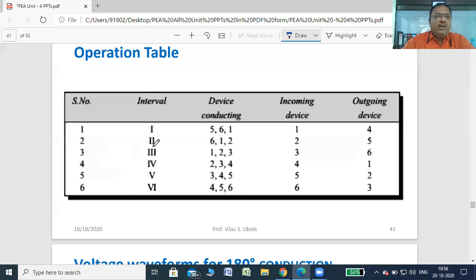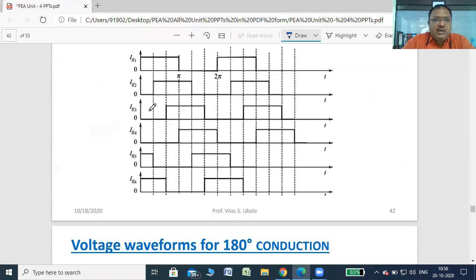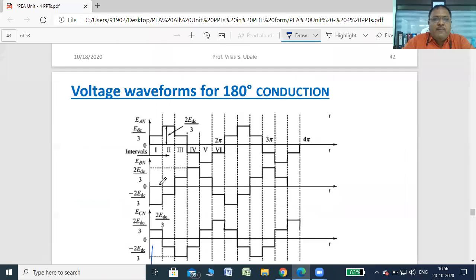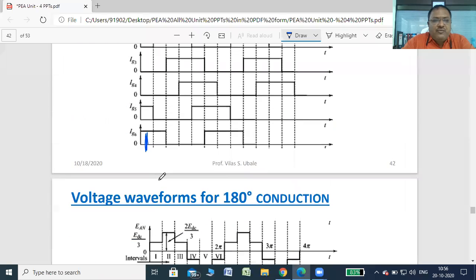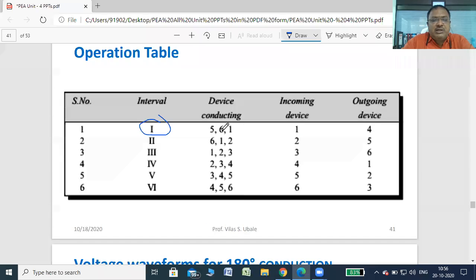Now what is the operation table? This is the first interval of 60 degrees, as written here. In this first interval, the conducting devices are 5, 6, and 1. The incoming device is 1, the outgoing device is 4, right?